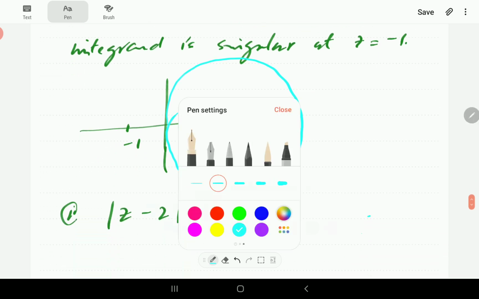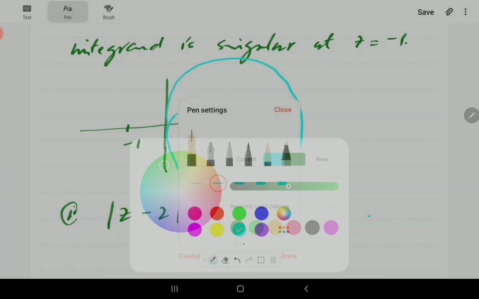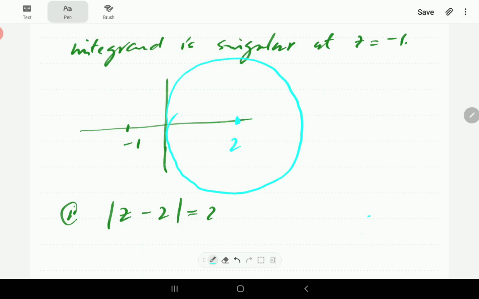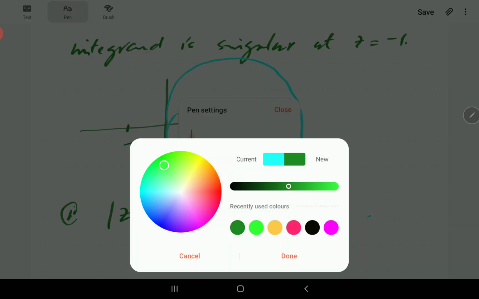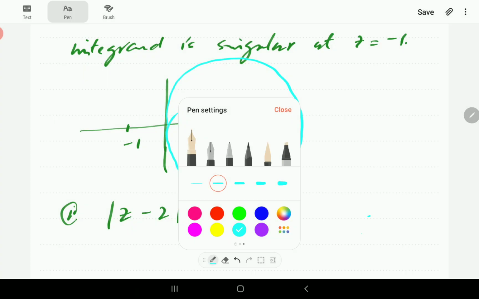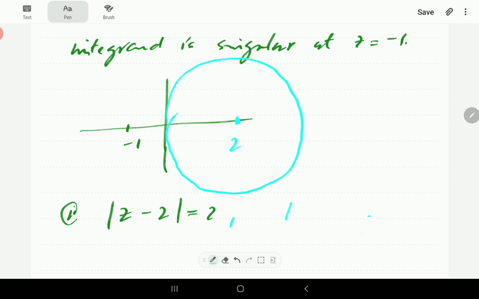So that tells us that the integral is just going to be 0 by Cauchy's integral theorem, because the function is analytic everywhere here.